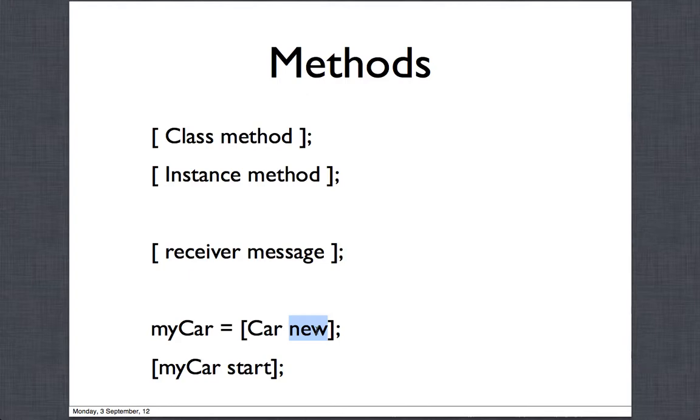So that would be something like a constructor. And then I can send a message to my instance already, because now this is an object instance of a car class, and I can probably start my car by sending it a message start.